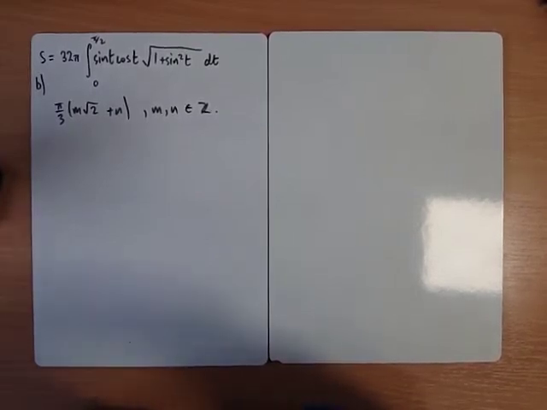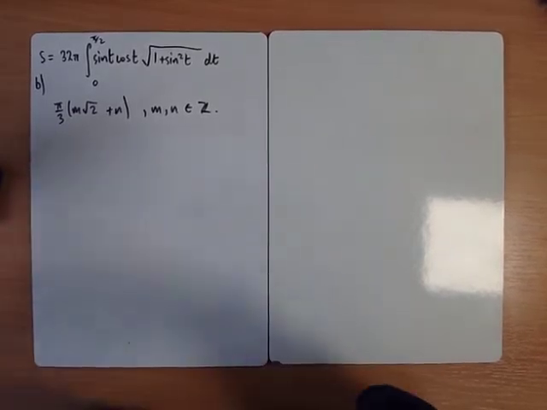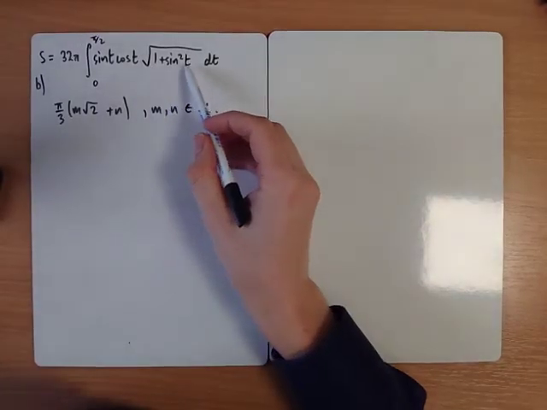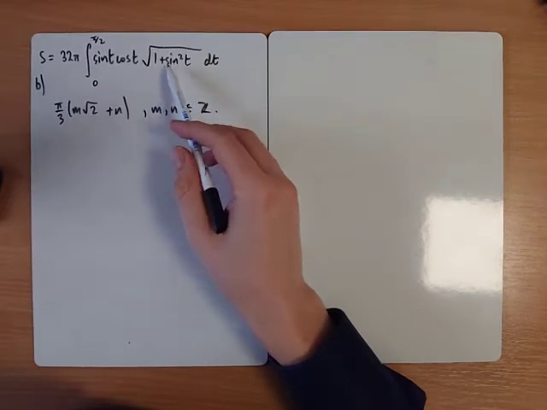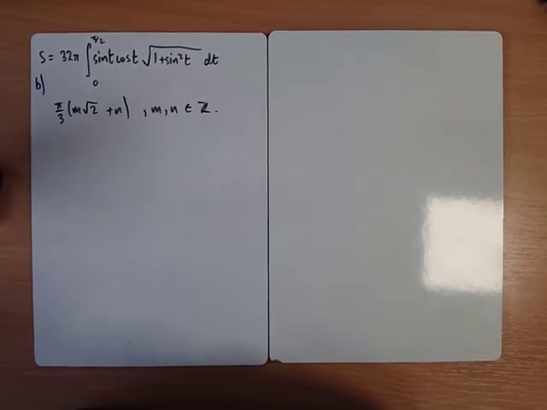This is probably the most challenging substitution question I've seen when the substitution has not been given. This is taken from a 2018 paper. I was thinking, what substitution could I use? Initially I thought we were going to do an identity here, but it doesn't work because it's 1 minus sine squared that would be cos squared, so we can't use an identity to tidy the square root up.